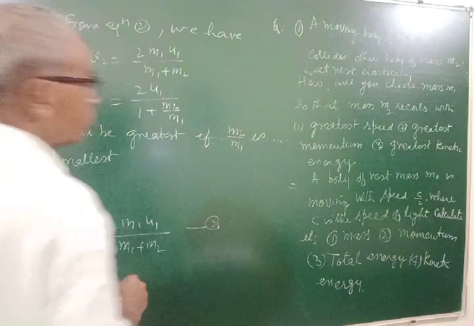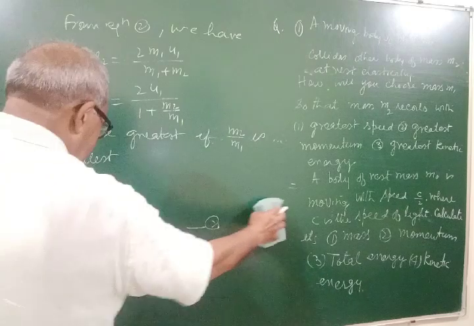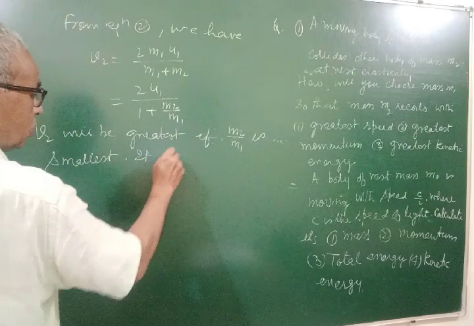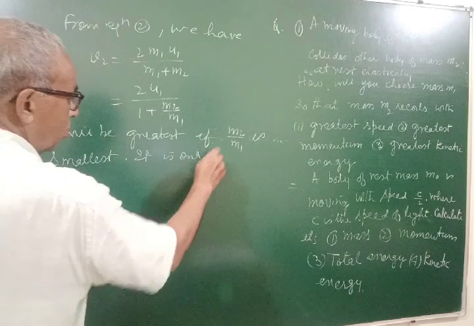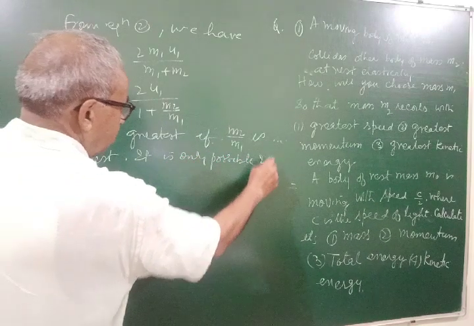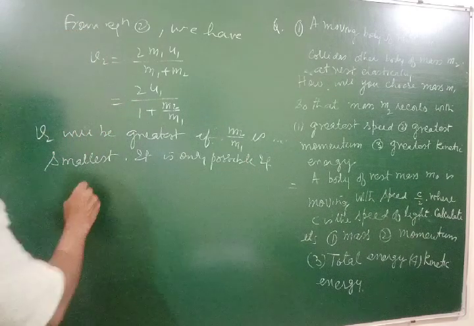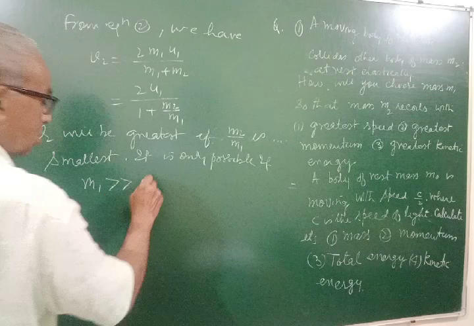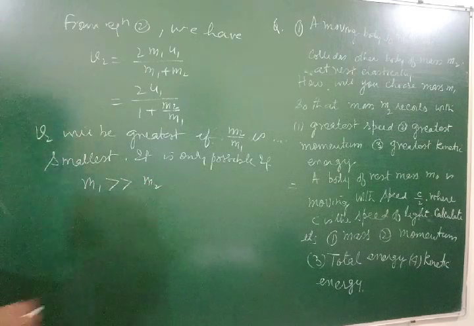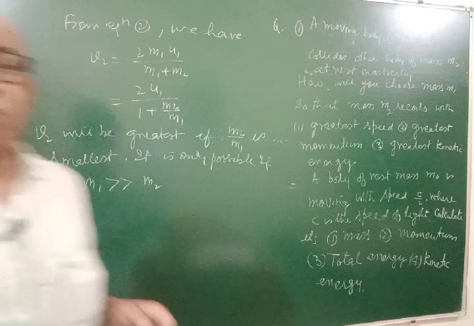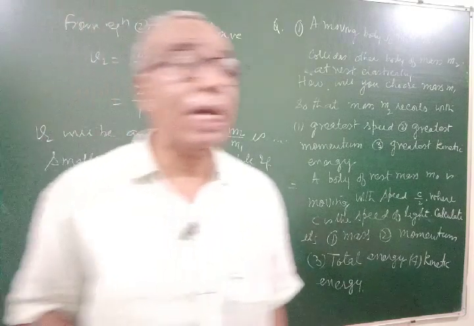So m2 upon m1 will be smallest only possible if m1 is much greater than m2. In one sense, mass m1 should be infinitely large.